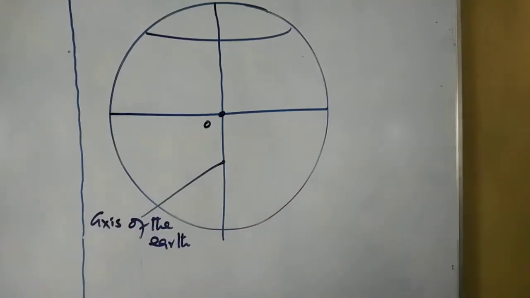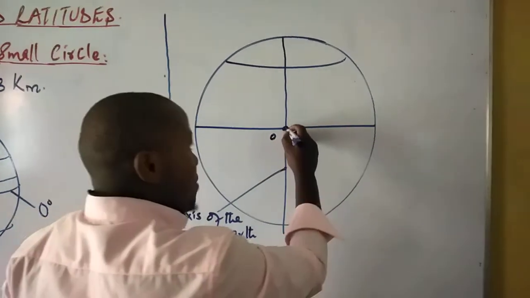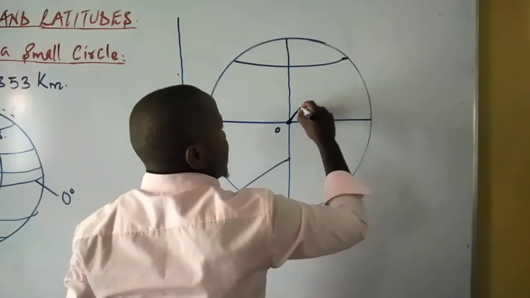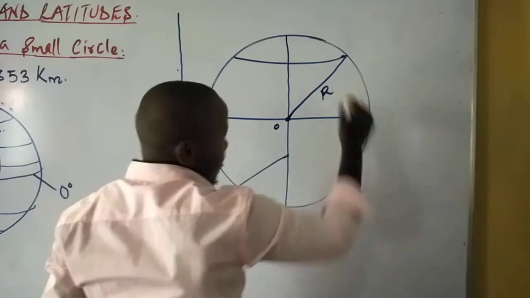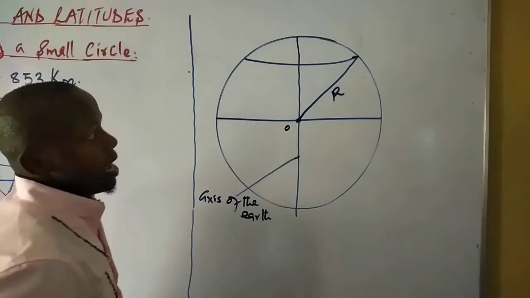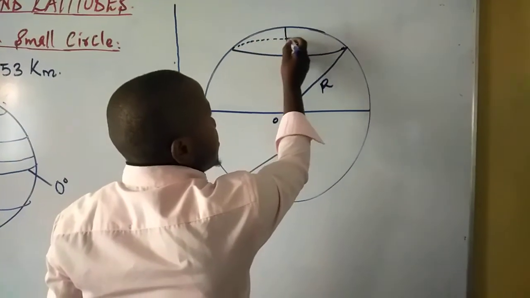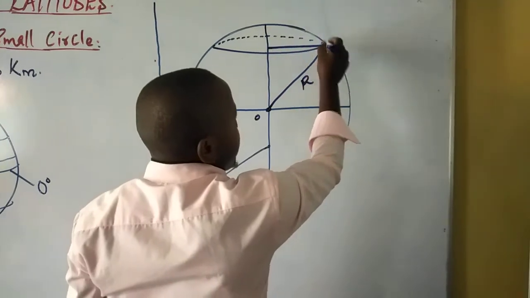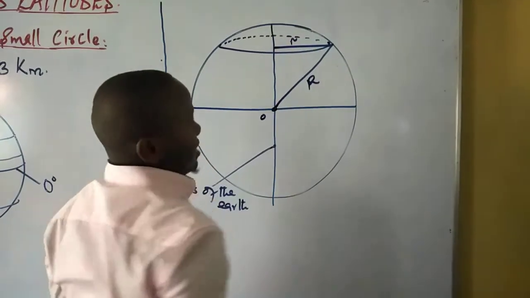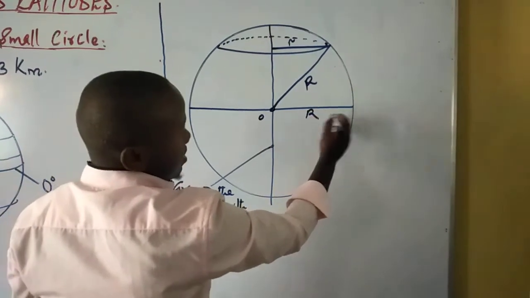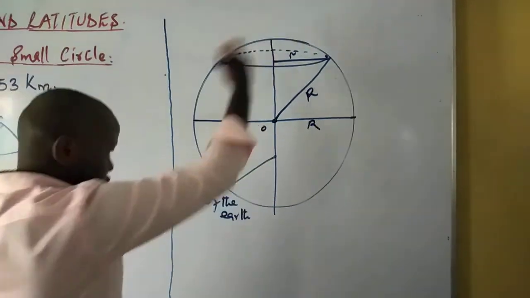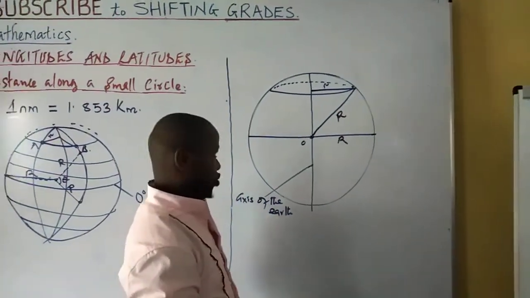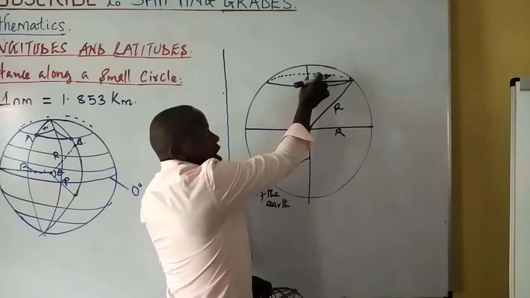Therefore, from here to this part, as long as it is on the Earth's surface, it is R, where R is the radius of the Earth. But the small circle which is here has a smaller radius. So this is the radius of the Earth all through, but for this small circle or this latitude, we have a smaller radius.